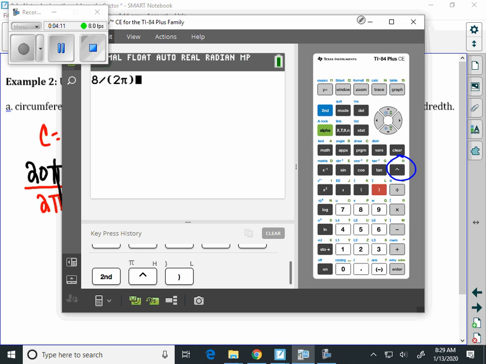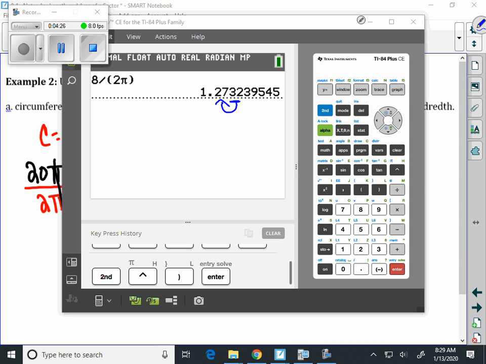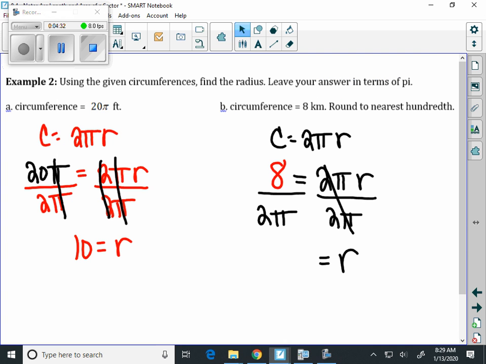You could use your fraction button to get that. But then this is going to allow us to round to the nearest hundredth, which gives us 1.27. We're looking at the 3 to determine what to do to the 7. So it's going to be 1.27 because 3 is less than 5.